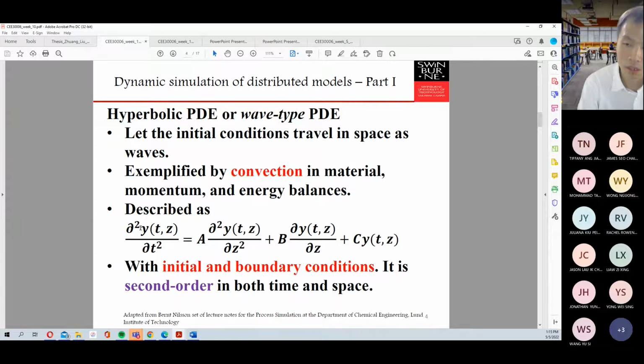The difference here is that the derivative with respect to time is second order. Okay. So you need another condition specified with respect to time besides the initial condition, for example. So this is second order in both time and space.